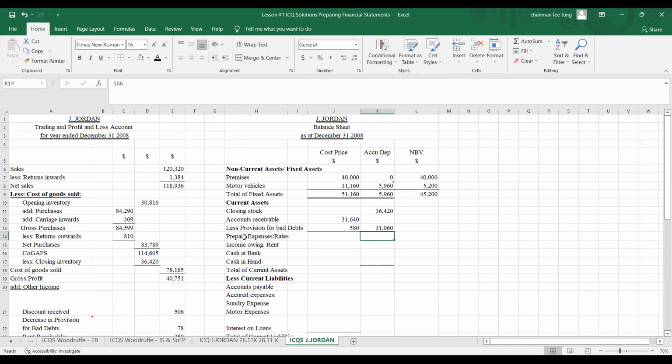The next current asset is prepaid expenses. And we say prepaid expenses meant that I would have paid for something in advance. And because I'm paying for something in advance, it is not relating to the current period. I am not going to pay for my, let's say, gym fees for January, February, March. I'm paying every month $500.